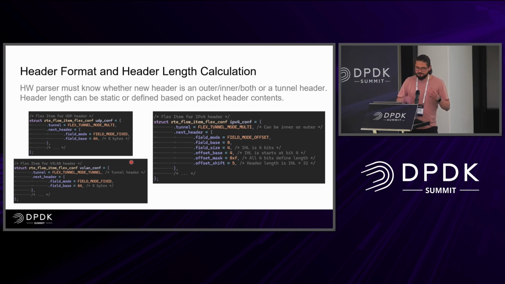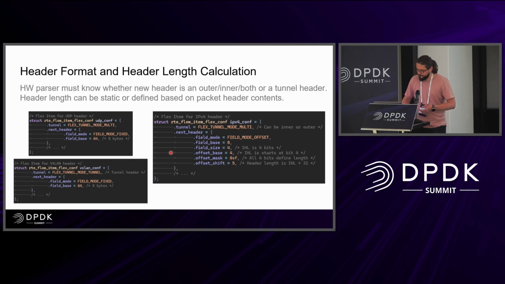But then, knowing how this header must be interpreted in the stack of packet headers, now we need to know its length. Through the Flex API, we can define whether it's fixed, as for example with UDP and VXLAN, which are fixed length, or based on some field value. And the Flex Item API provides the ability for the user to define the length of a header as some static value plus the value of a field shifted by some bits.